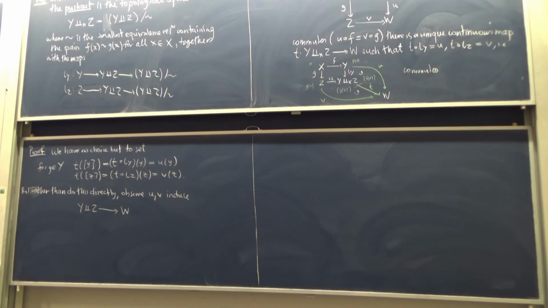well, let's go back to, first of all, the disjoint union. If I take U and V, that's a map out of two spaces to W. But we know, by definition of the disjoint union, that continuous maps out of a disjoint union of a pair is the same as a pair of continuous maps.